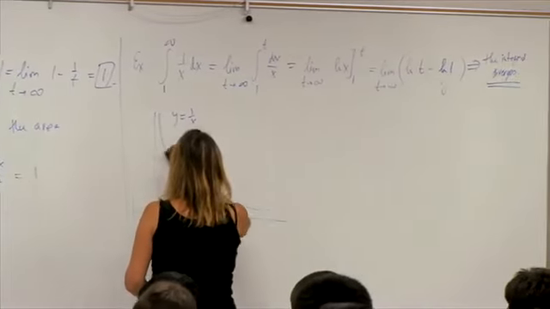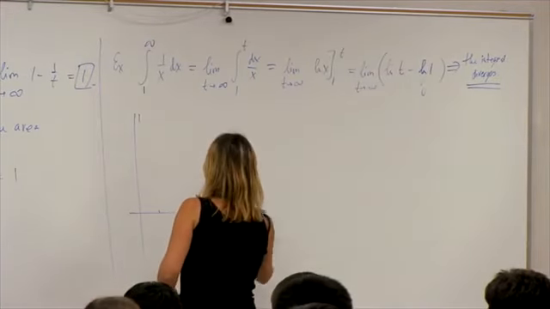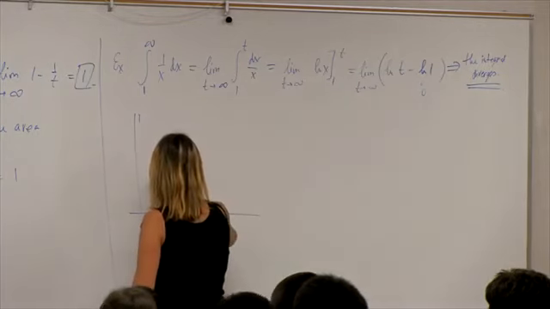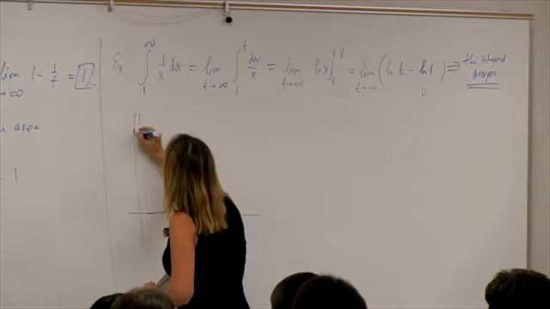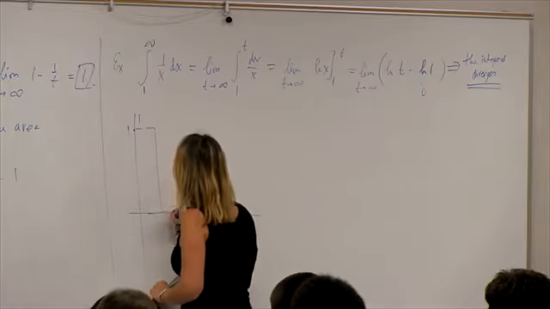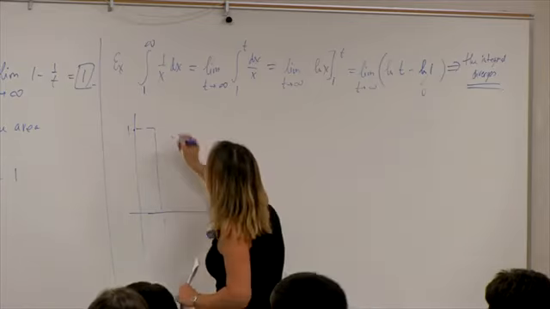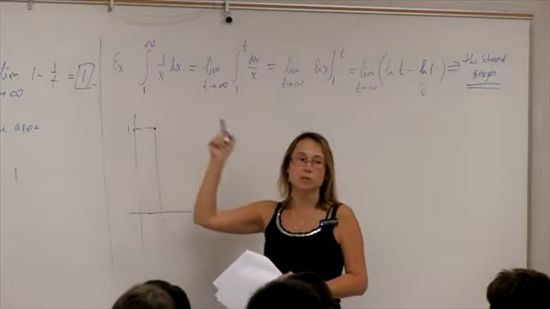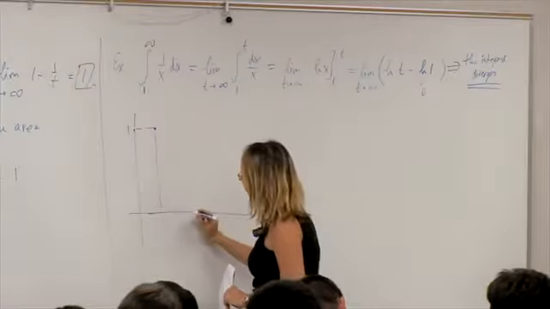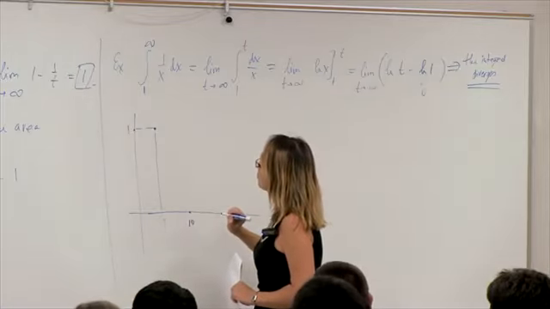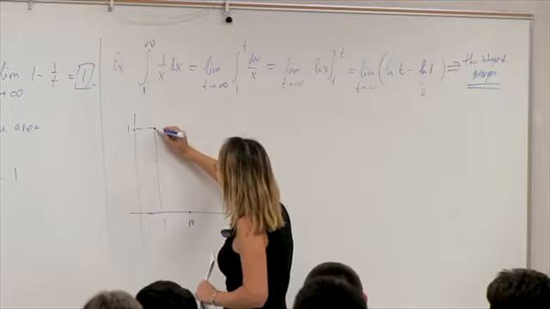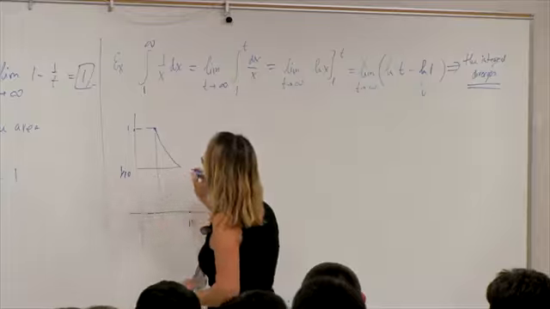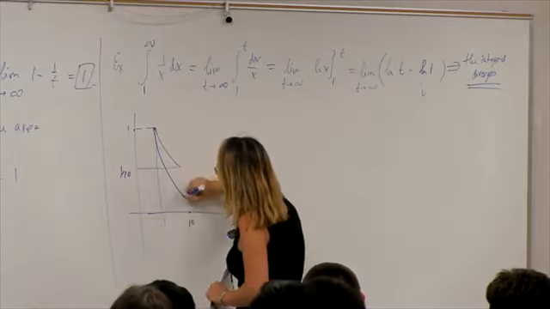So let's compare the two lines, actually, instead of plotting them separately. What's the difference? So at point 1, let's suppose that this is 1, and this is 1. So at x equals 1, both lines, 1 over x squared and 1 over x, pass through the same point. Now, when the argument is 10, 1 over x is going to be equal to 1 over 10. 1 over x squared is going to be 1 over 100.